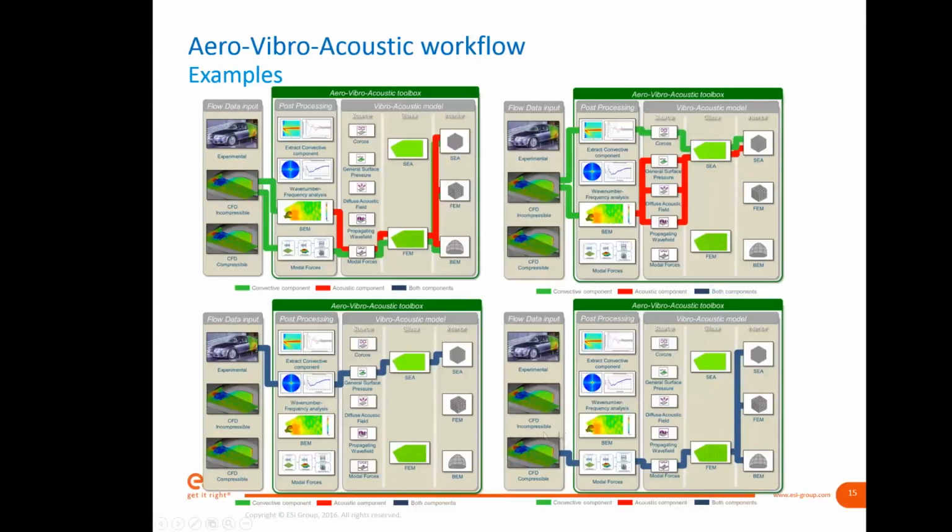The more classical one in low frequency is this approach using the modal forces, an FEM window that will be radiating in any of these types of cabin modeling ways, which could be SEA, FEM, or BEM, but this is a pretty standard way to go with the vibroacoustic sources, IO vibroacoustic sources.